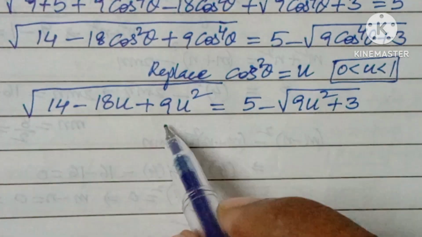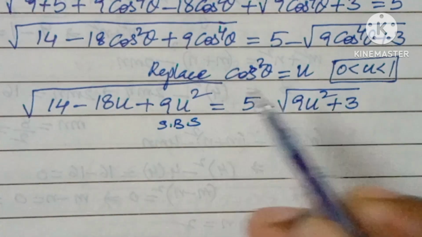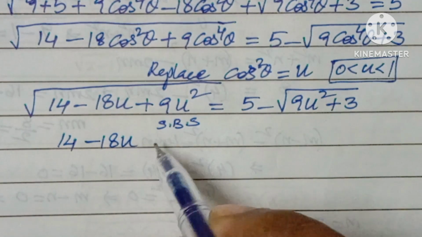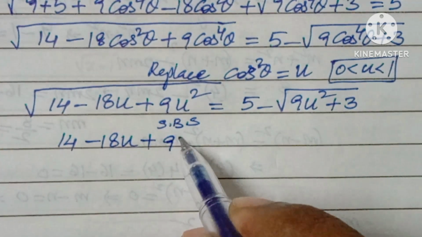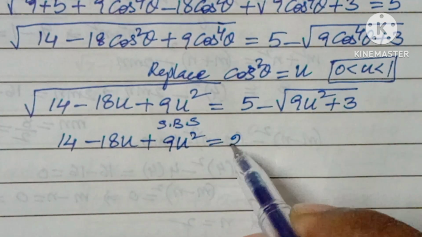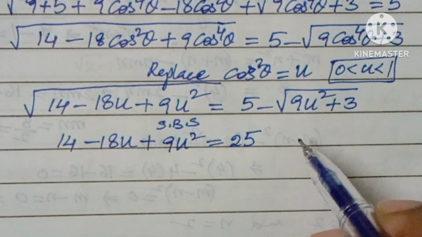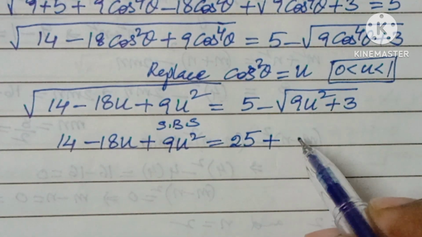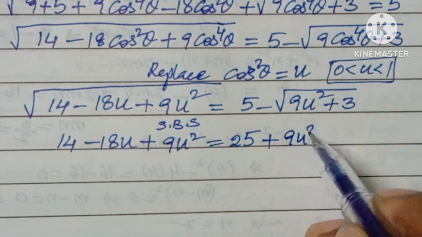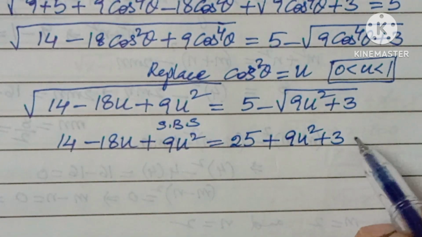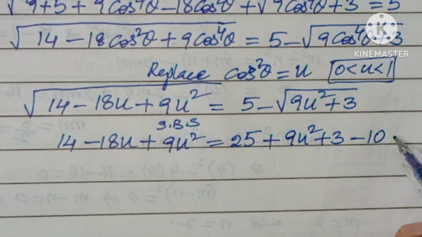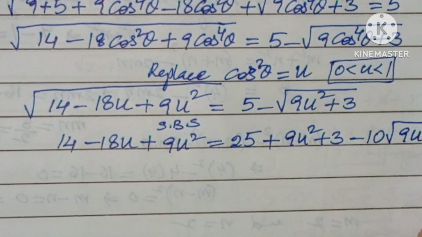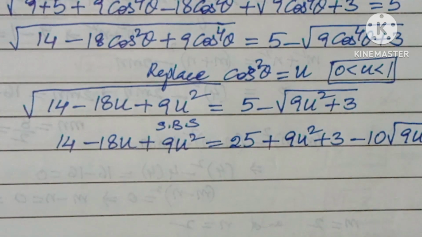Now squaring on both sides. Here you'll get 14 minus 18u plus 9u square is equal to 25 plus 9u square plus 3 minus 10 square root of 9u square plus 3.